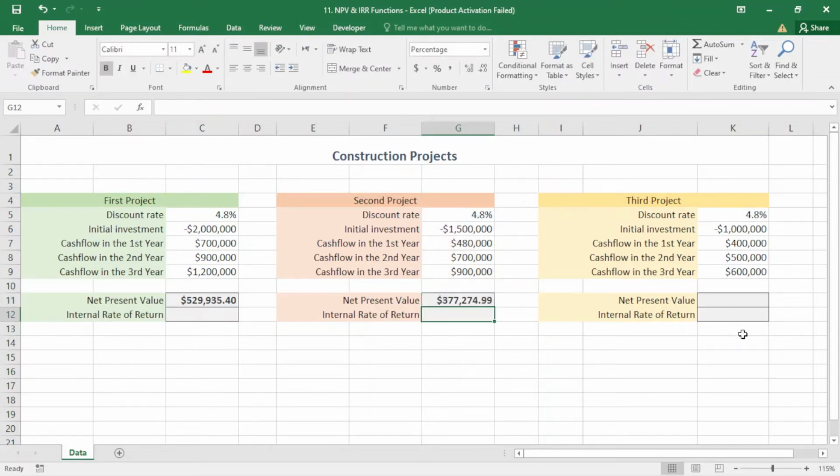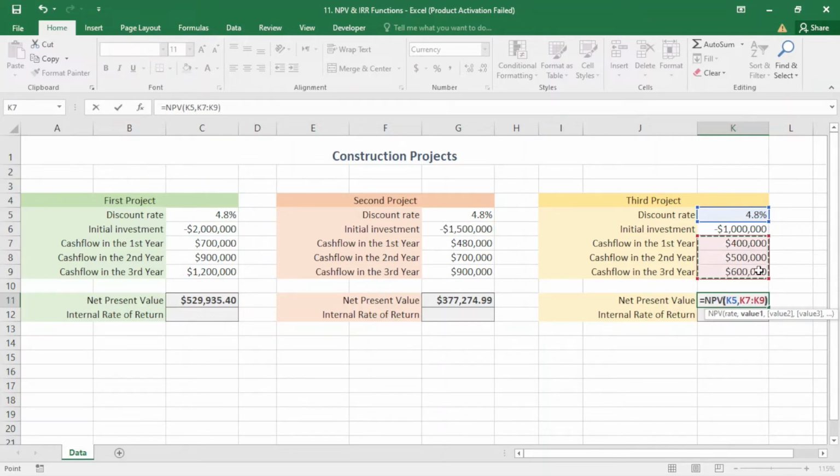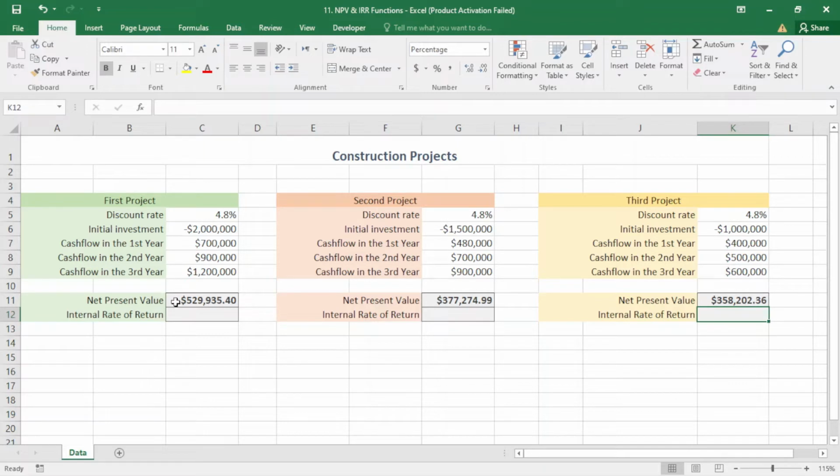For the next one we do the same: NPV, the rate, comma, select the cash flows, close the bracket, initial investment, and enter.